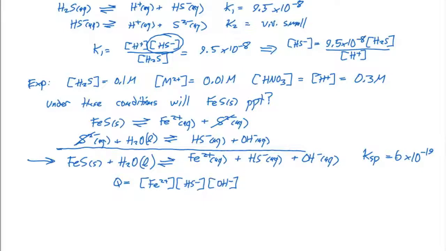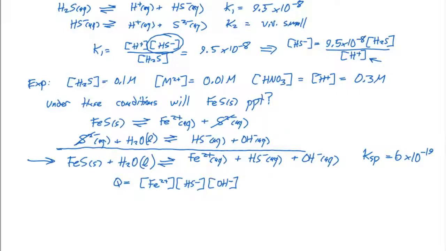One thing that I will point out, this HS- concentration is dependent upon the H+ ion concentration. So this HS- concentration can be manipulated by changing the pH. Remember, this is very important when we're separating these things out based on pH.